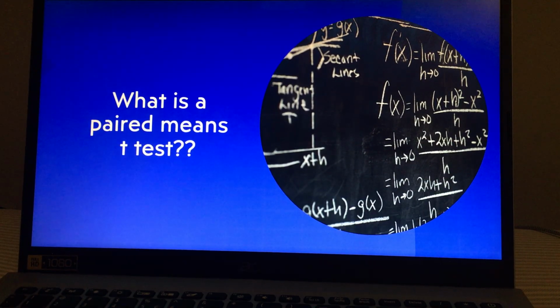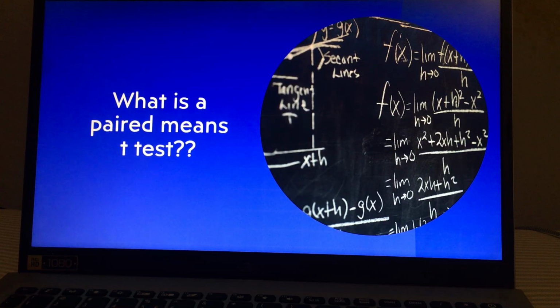However, this would clearly be the wrong thing to do, as the independent samples t-test assumes that there is no particular relationship between our two samples.